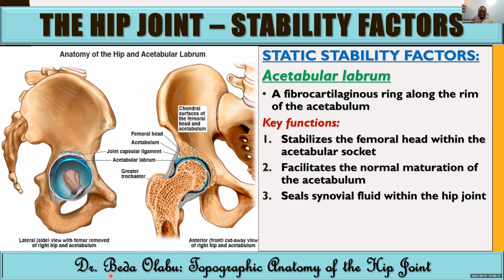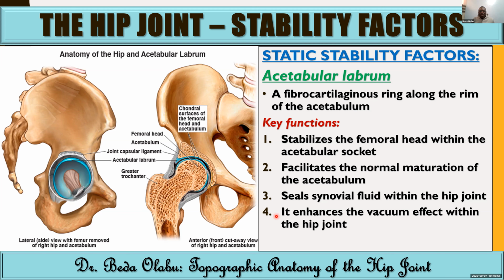We also know that this labrum seals synovial fluid within the joint because it's making contact with the head of femur. And so it seals the synovial fluid within the joint so that there's no significant extravasation of fluid from inside the joint outwards.